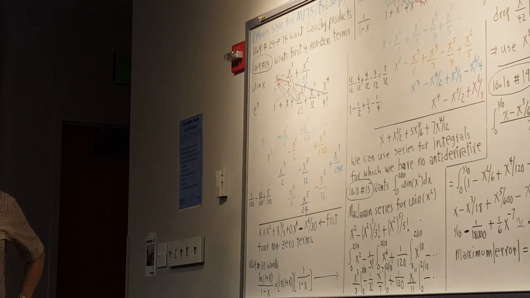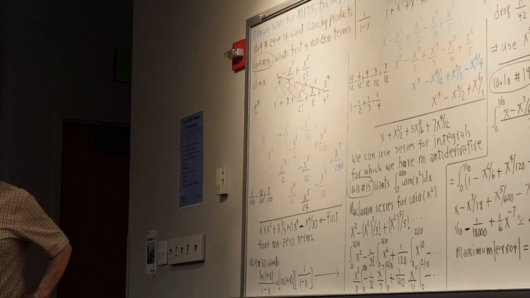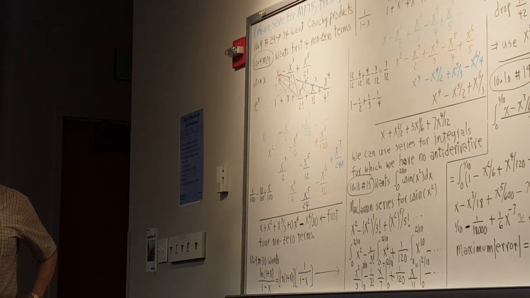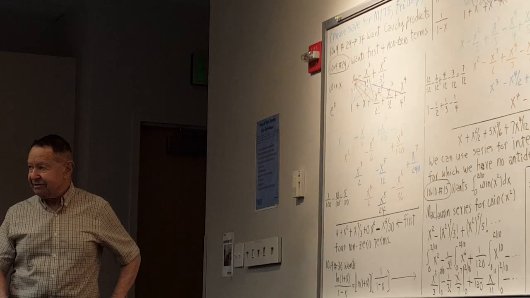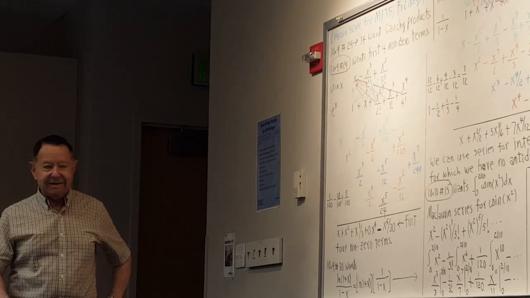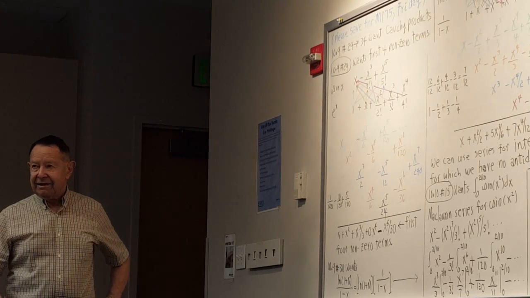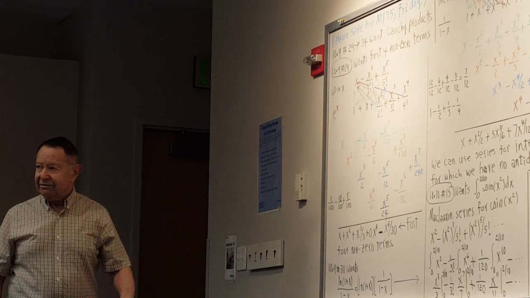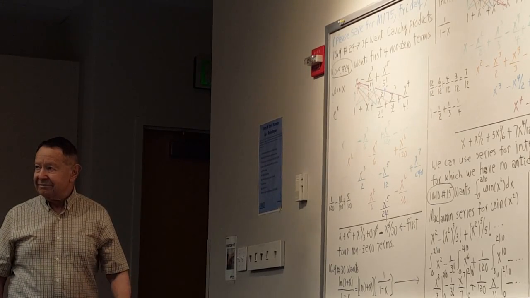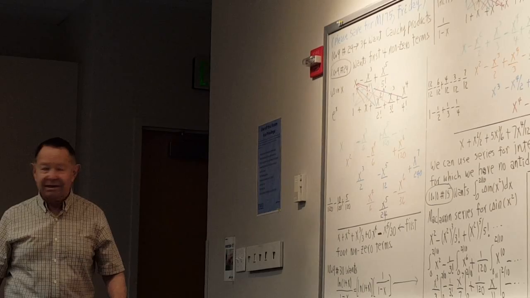But if you notice, there is a page in the end, I think it is, of section 10.9, or else it's section 10.10 in your book, that has a box with commonly used Maclaurin series in the box.